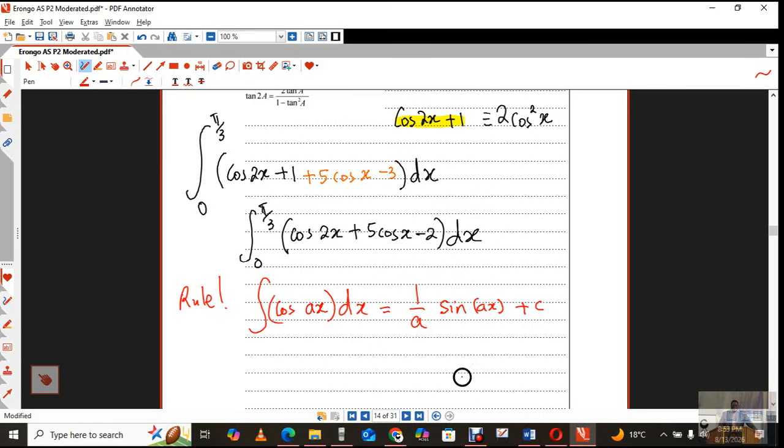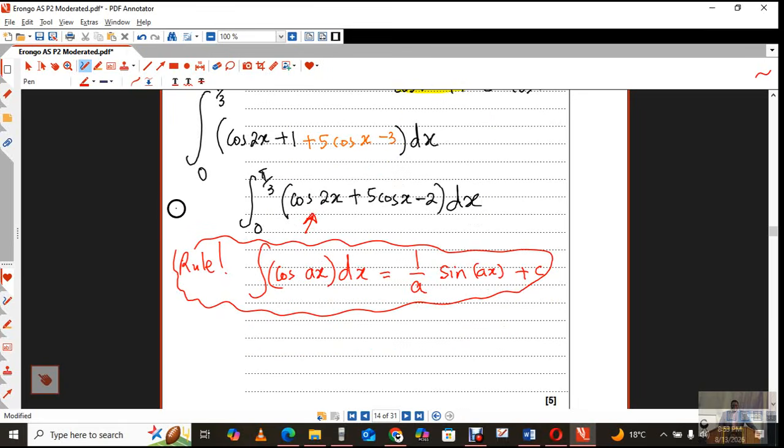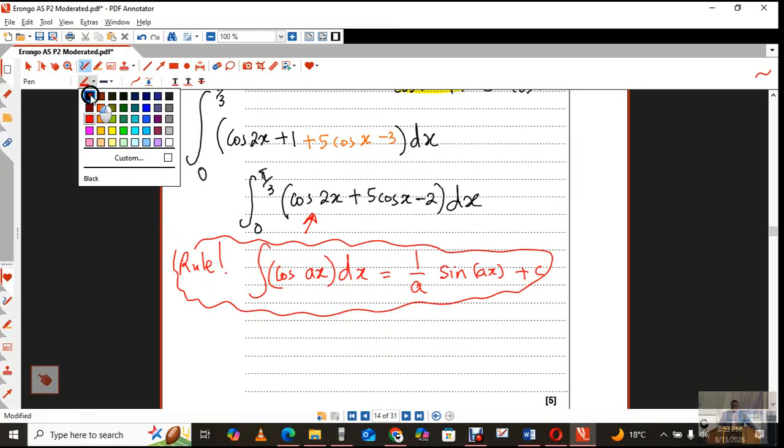Does that make sense? So in this particular case, knowing this rule, which I am going to apply over here for this one, if I do that, it's going to be 1 over 2, which is where that 2 is, so just going to rewrite it in black, integration time.